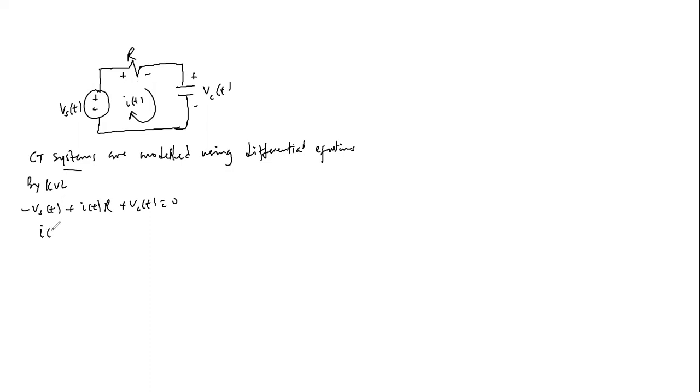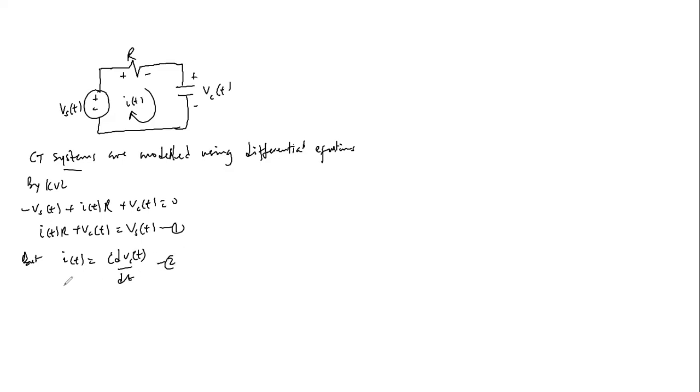So i of t R plus Vc of t is the same as Vs of t. Let's say this is our first equation. But by Ohm's law, you know the current and the voltage relate here by i of t is the same as C dVc of t over dt. So this is our second equation.